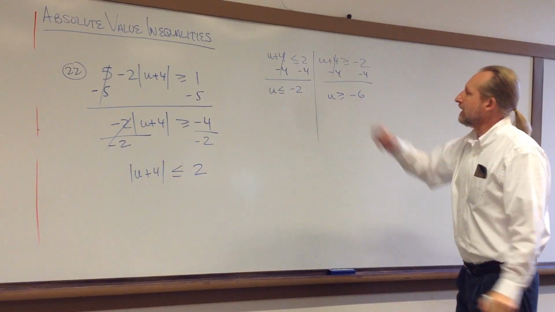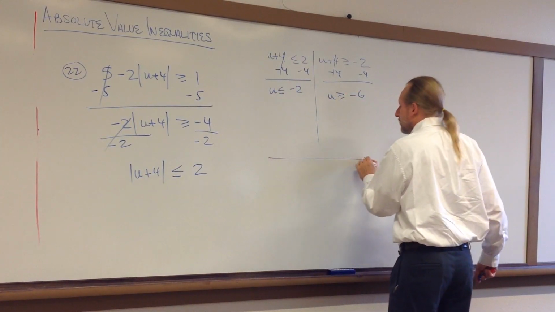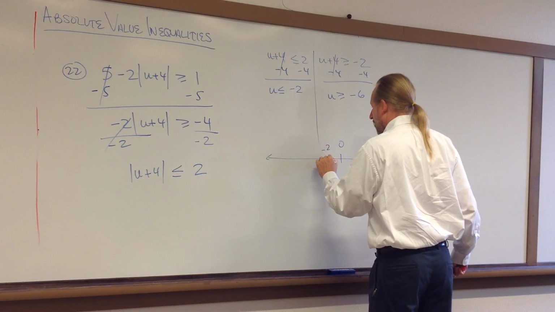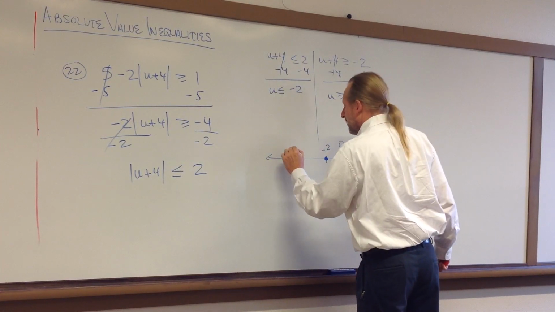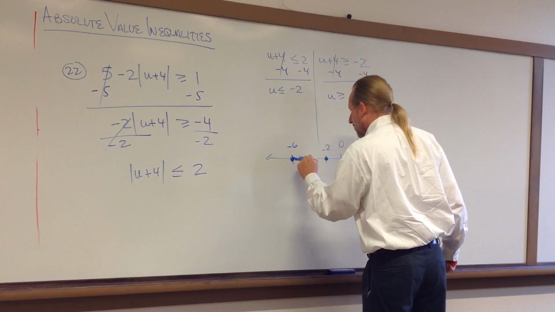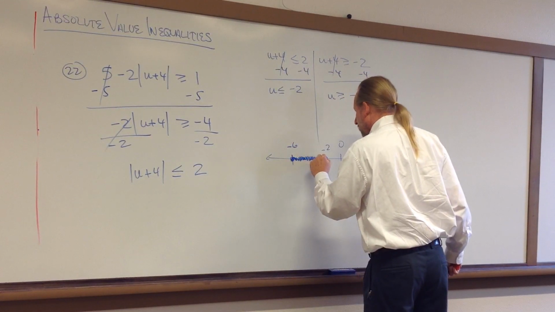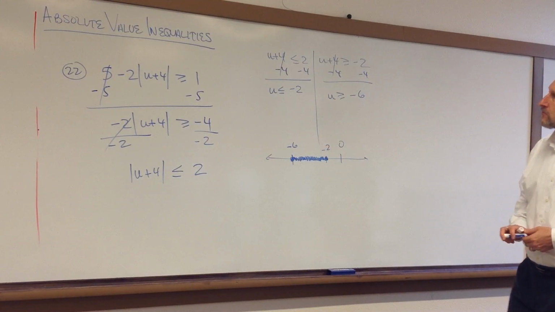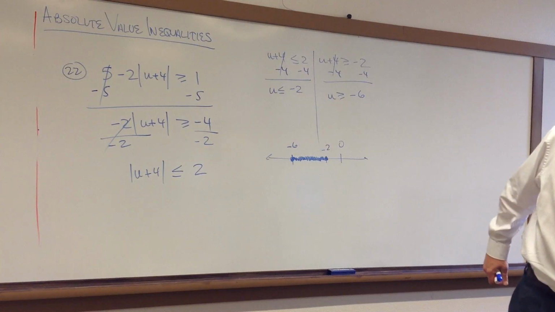And we get u less than or equal to negative 2. And greater than or equal to negative 6. And remember, this was a less than problem, and so we end up with an interval like that.